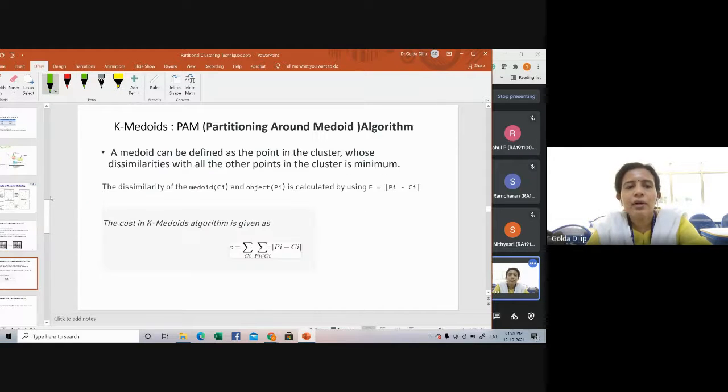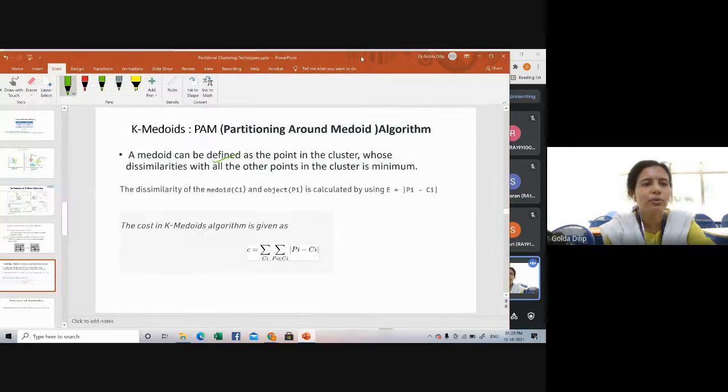Okay, so a medoid can be defined as a point in the cluster whose dissimilarity with all the other points in the cluster is minimum. So that's how the definition has been put forth for a medoid.